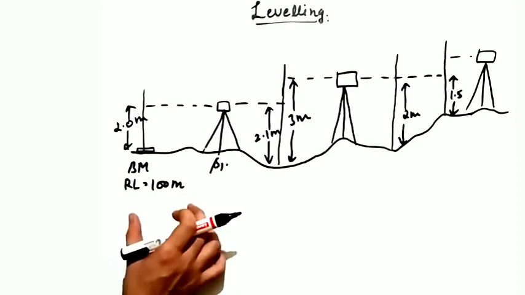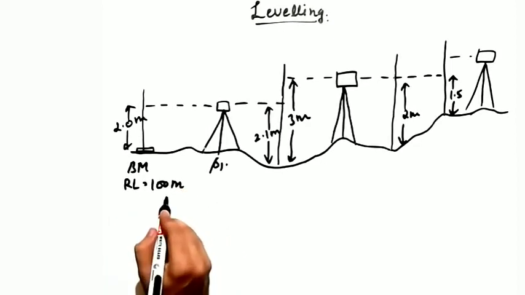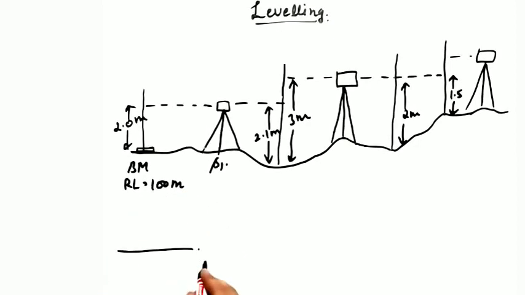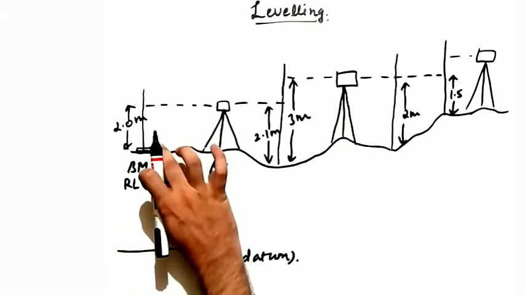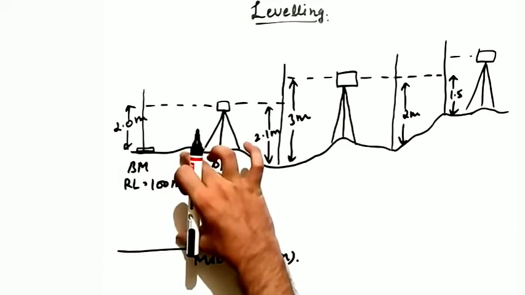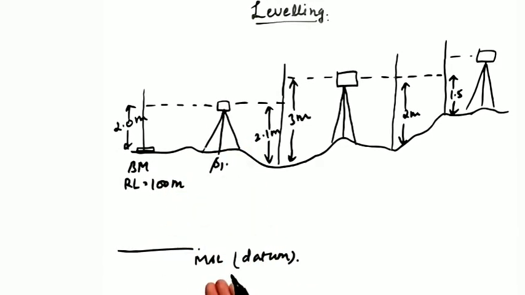I know that this particular benchmark has an elevation of 100 meters above the mean sea level. Suppose this is mean sea level, or it can also be a datum. I know that this particular benchmark has an elevation of 100 meters over this mean sea level or over any assumed datum.